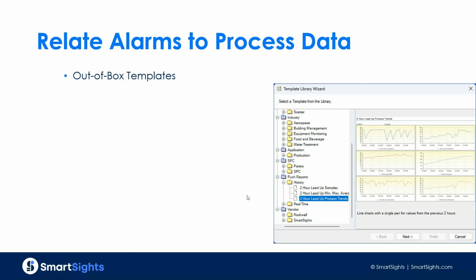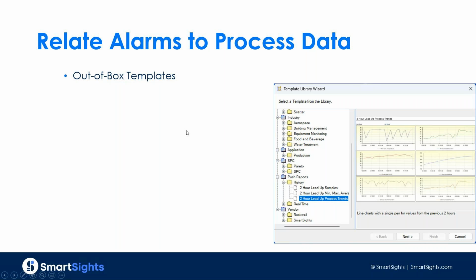And so if it's an alarm that's happening on a particular asset, like a mixer or a reactor, the person responding to it may want to know beyond just that the level of the tank is high. They'll want to know the history leading up to when that's happening, so they can see things like flow rates and pressures and other temperatures and other zones of the asset, so they can get an understanding of what's happened to cause that alarm and how they can respond to it.